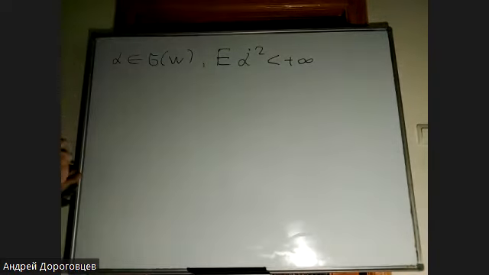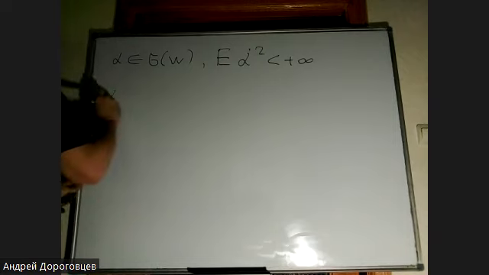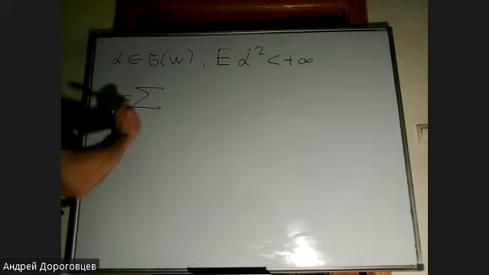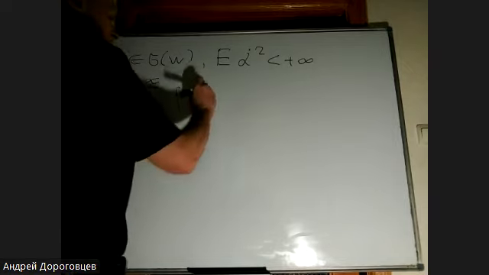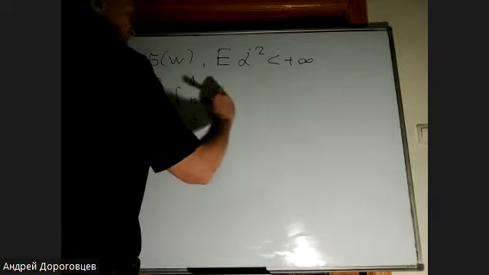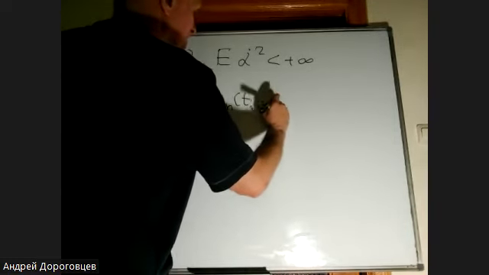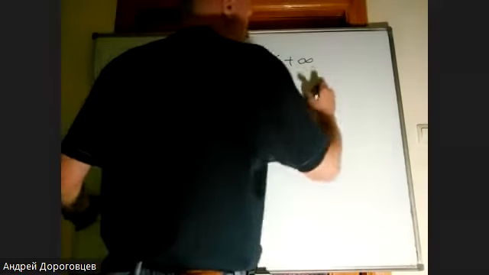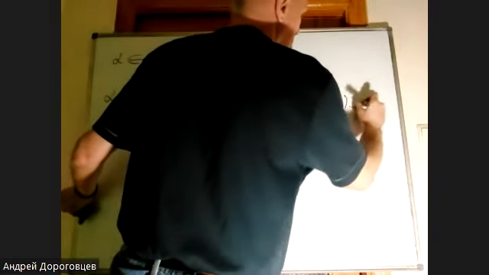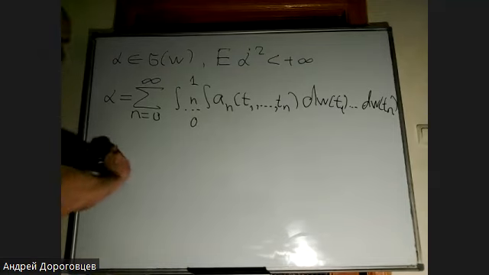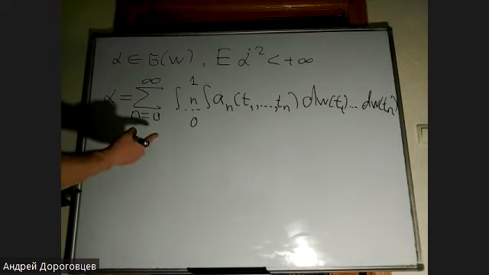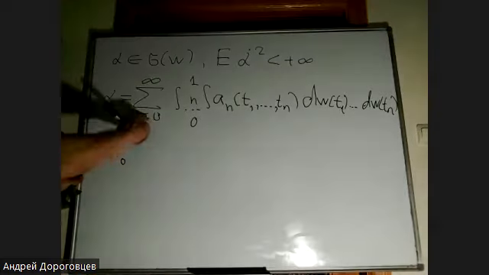Then alpha can be uniquely represented as the sum from n equals 0 to infinity of the multiple integral from 0 to 1 of a_n(t1,...,tn) dw(t1)...dw(tn). Moreover, a_0 is the member of the series related to 0.